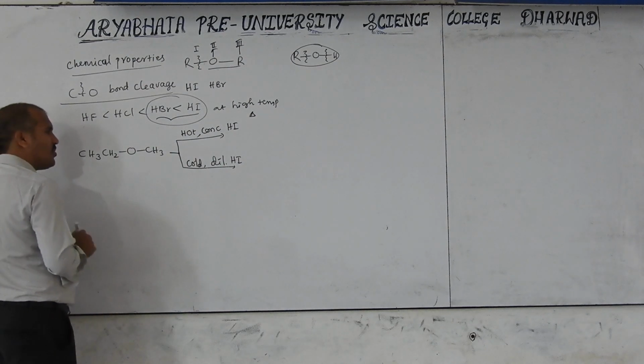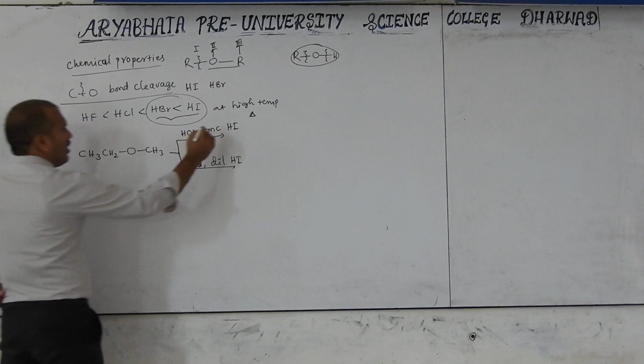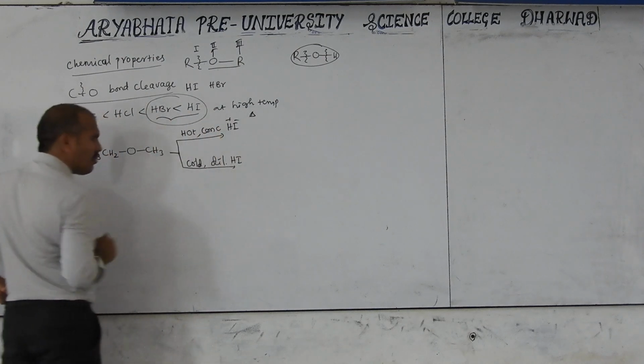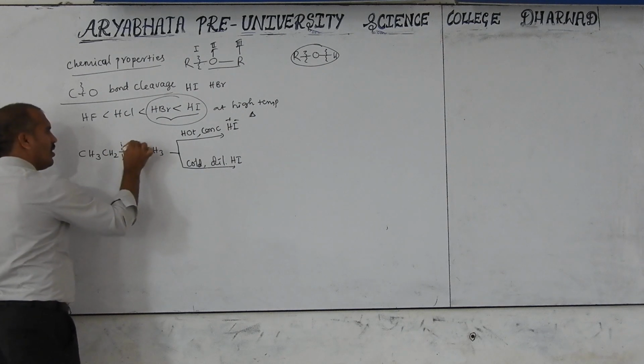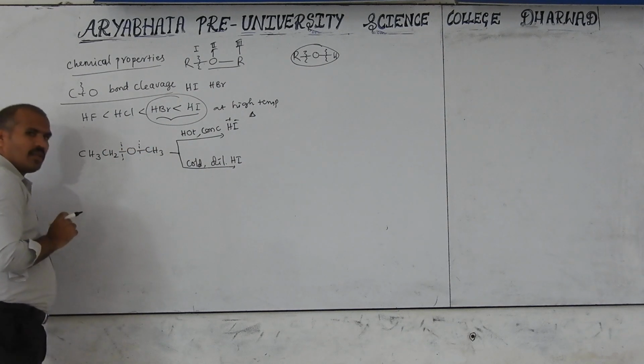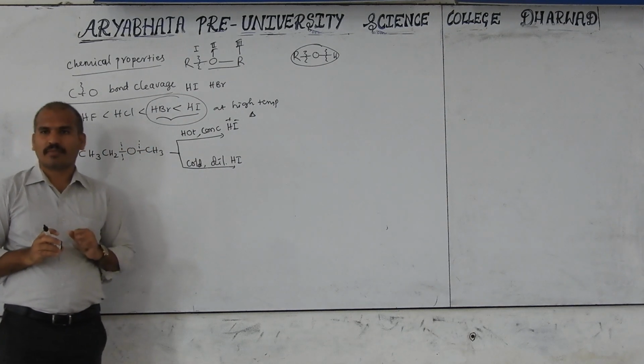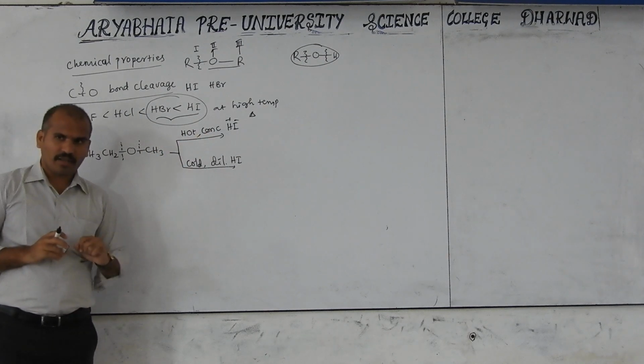Now carefully observe. This is H plus I minus. Breaking is possible here, breaking is also possible here. So which side breaks and attacks HI?